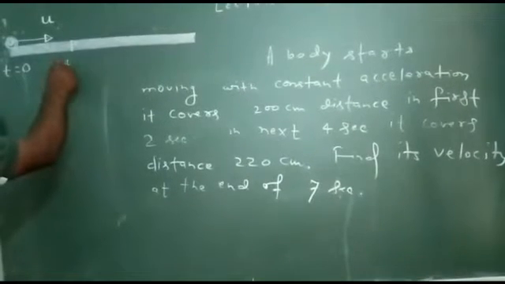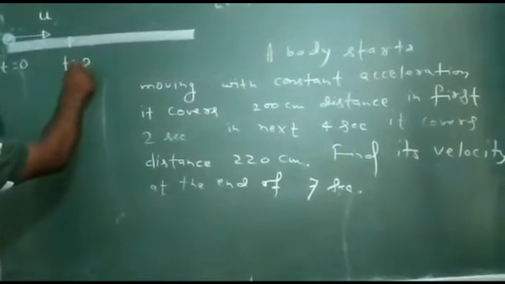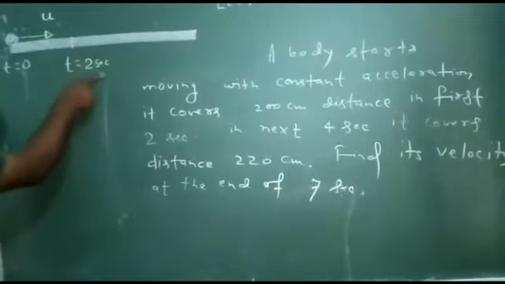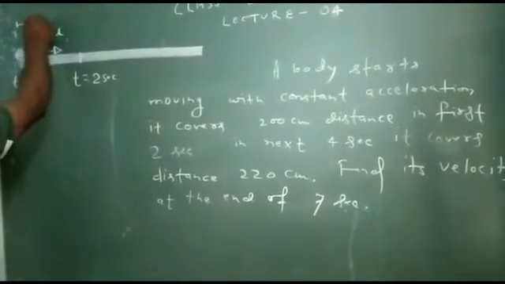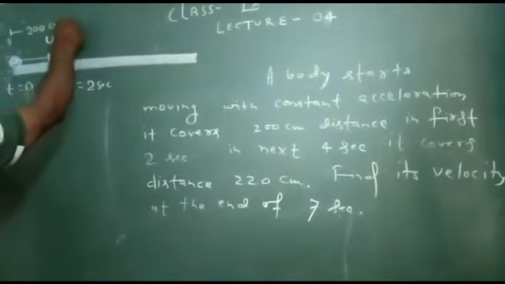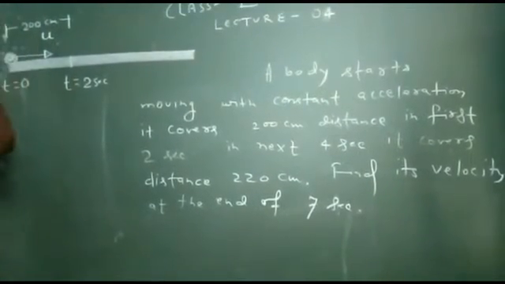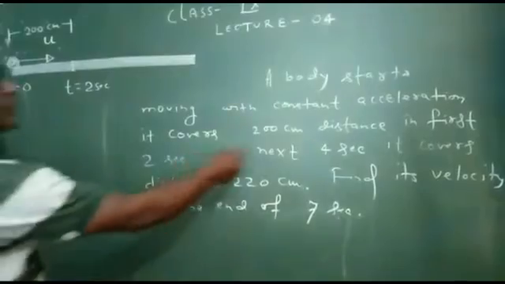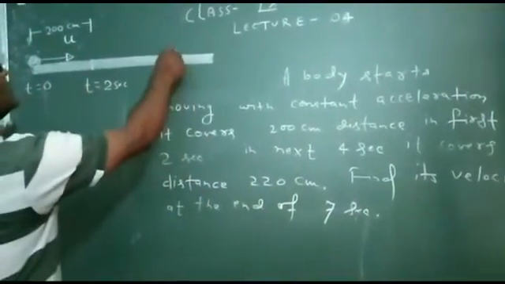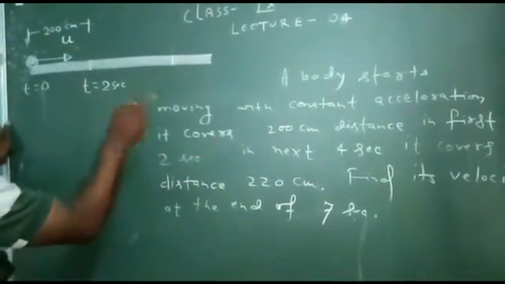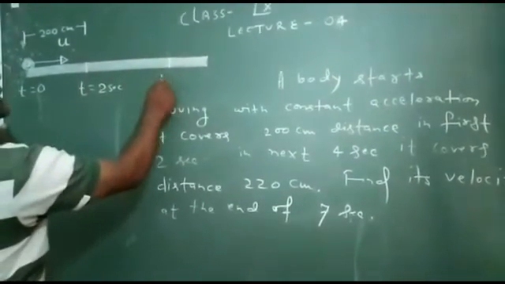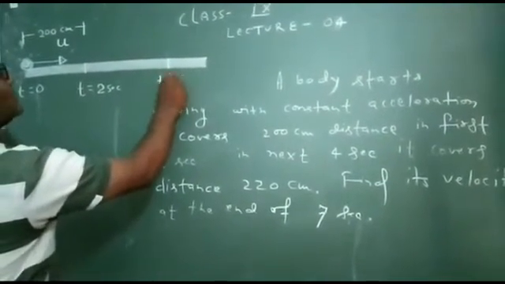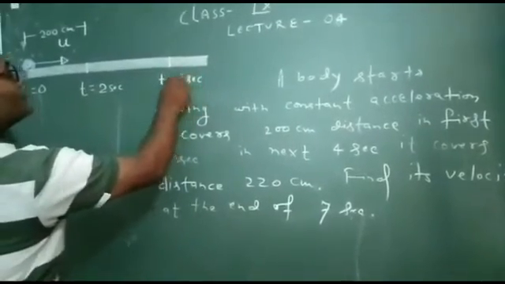As per the question, at 2 seconds the body covers 200 centimeter distance, and in next 4 seconds, that means 2 plus 4, time will be denoted as 6 seconds.